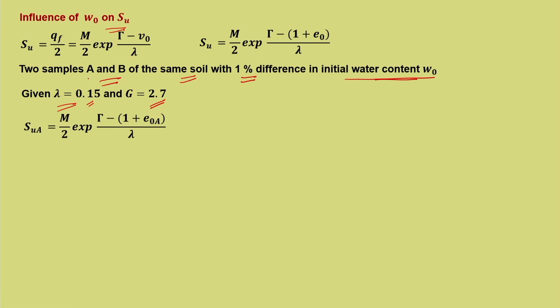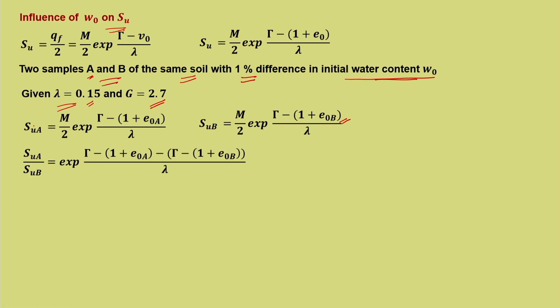Su A, that is for sample A, we can write m by 2 exp gamma minus 1 plus E naught A upon lambda, and Su B has E naught B; only the initial void ratio is different. Now, if you divide Su A upon Su B, m by 2 gets cancelled off, and we can write exp of gamma minus 1 plus E naught A minus gamma minus 1 plus E naught B upon lambda.